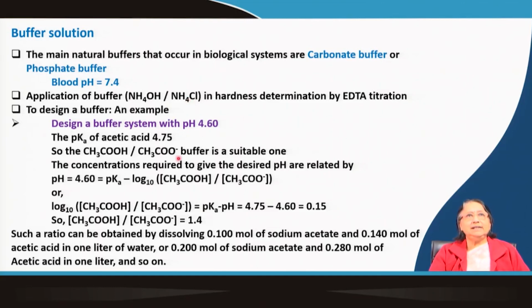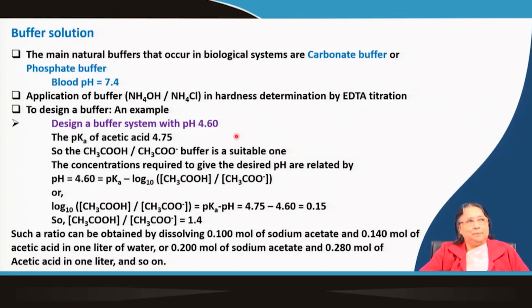Now, how to design a buffer? This is a very important thing. To design a buffer, we have given one example here. Say I need a buffer solution and I need to keep the pH in this range. So, I need a buffer solution of pH 4.60.